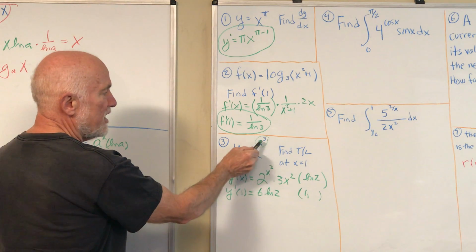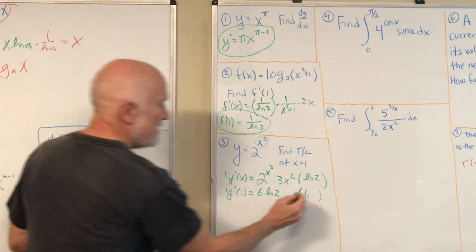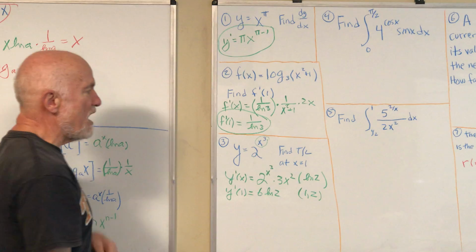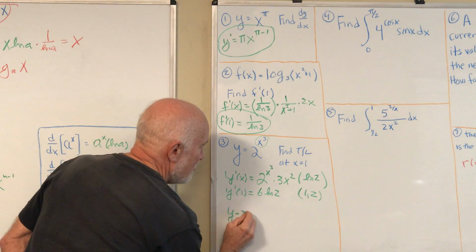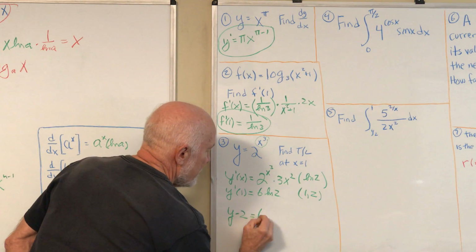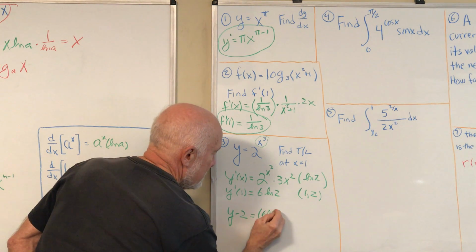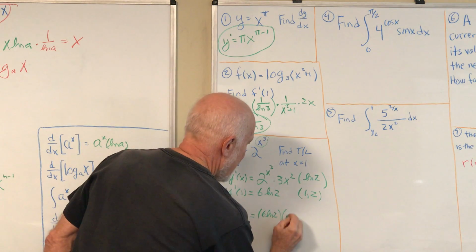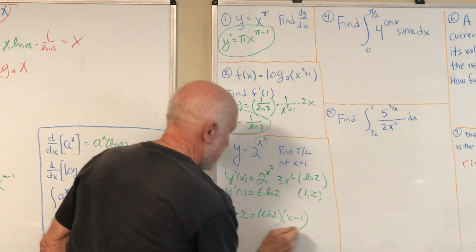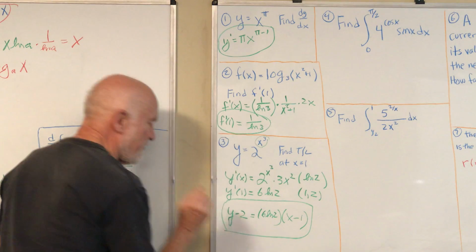Y is 2 to the 1. So we've got a point. Now we can write the tangent line. Y minus 2 equals that number times x minus 1. And that would be the equation of our tangent line.